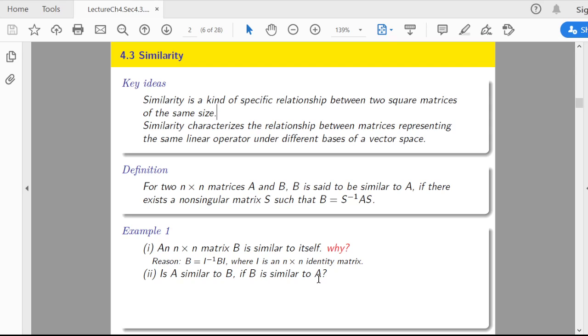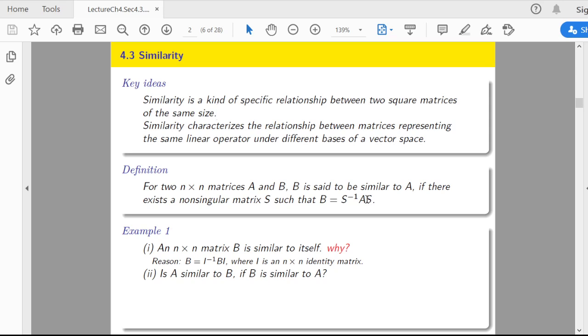The second question is this. If B is similar to A, can we get A is similar to B? The answer is yes. To show this, we start from this equation because it says B is similar to A, so that we can find a non-singular matrix S such that B equals S inverse times A times S. From this equation, we can take products.